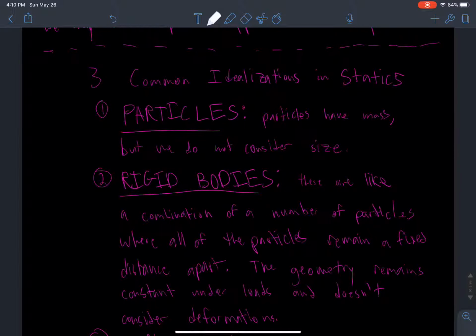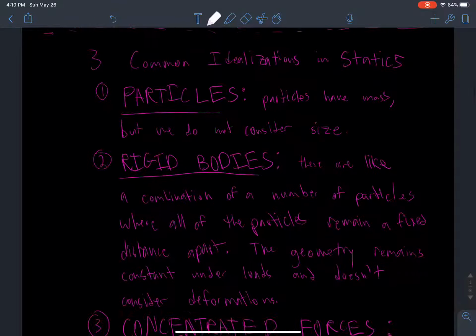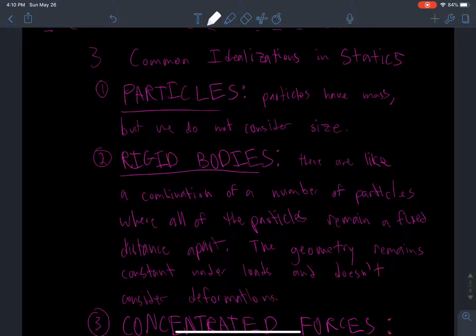So like you have a car and it's on a straight track and you consider it as a particle because it is simple enough and it's only moving in one direction and you don't really need to worry about its geometry. So you just worry about its displacement, velocity, and acceleration, like in high school physics 1 type stuff. And those are pretty easy to deal with since it's just one simple particle.